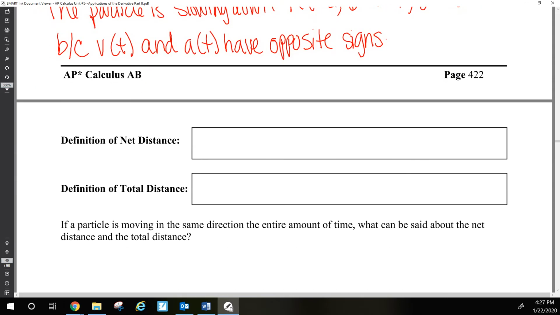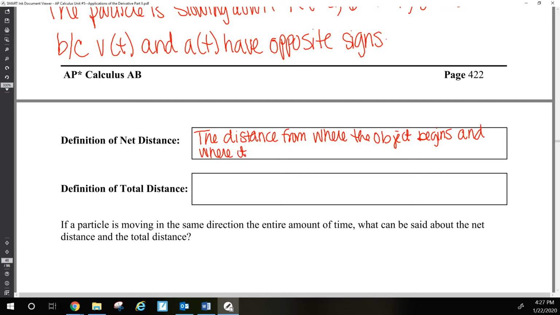All right, definition of net distance versus total distance. The net distance is the distance from where the object begins, so when it begins to move, and where it ends.